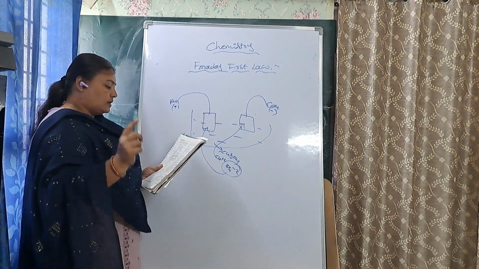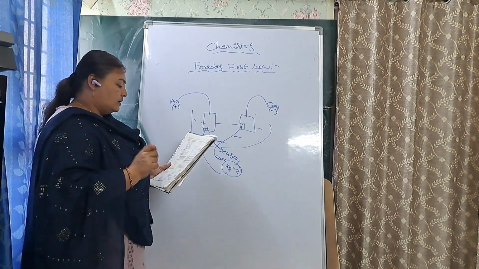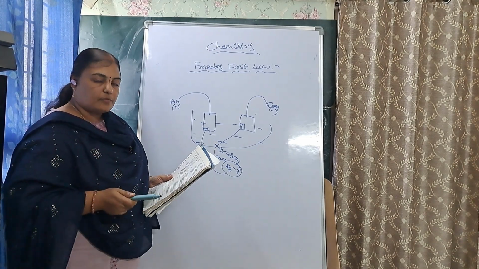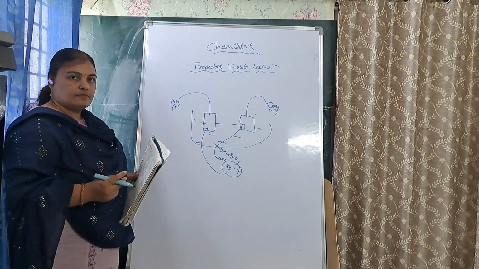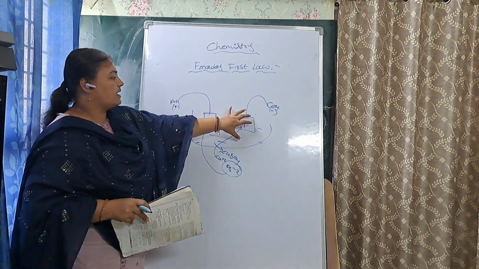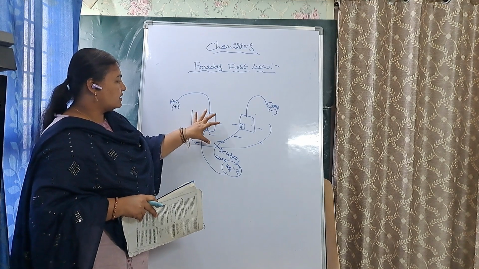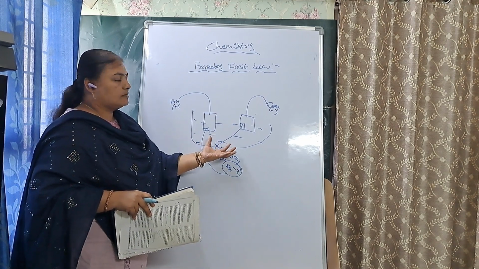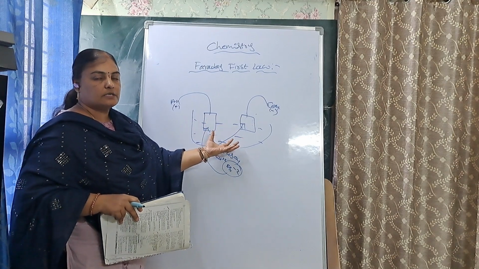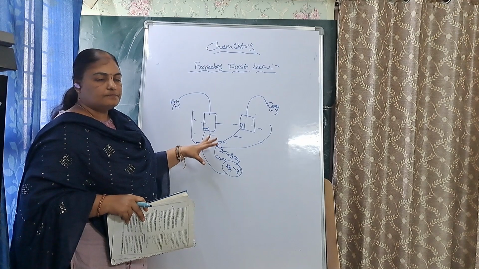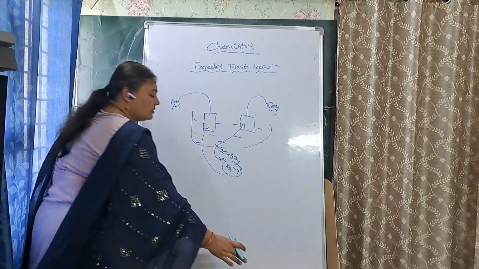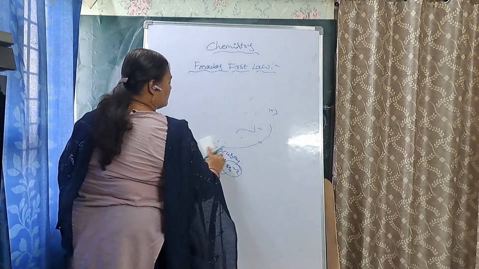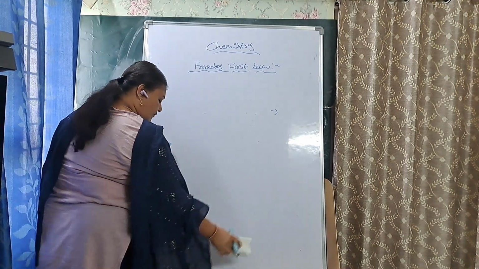Once again I am repeating: the amount of substance deposited on the electrodes during the electrolysis process is directly proportional to the quantity of current passed. If we increase the quantity of current, the deposit will increase; if we decrease it, the deposit will also decrease. So the mass of ions deposited on the electrodes is directly proportional to the quantity of current.